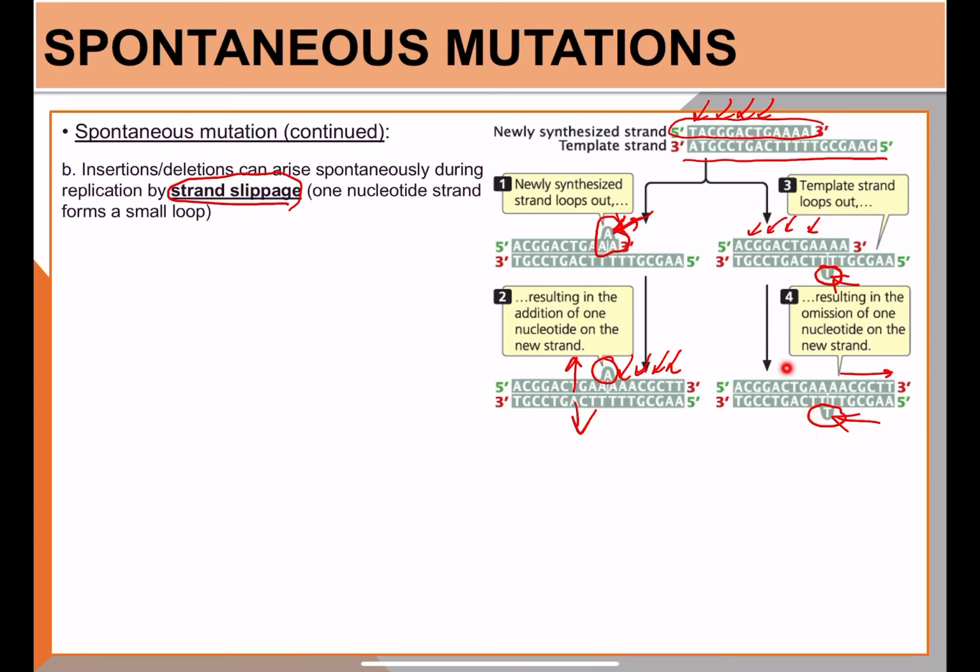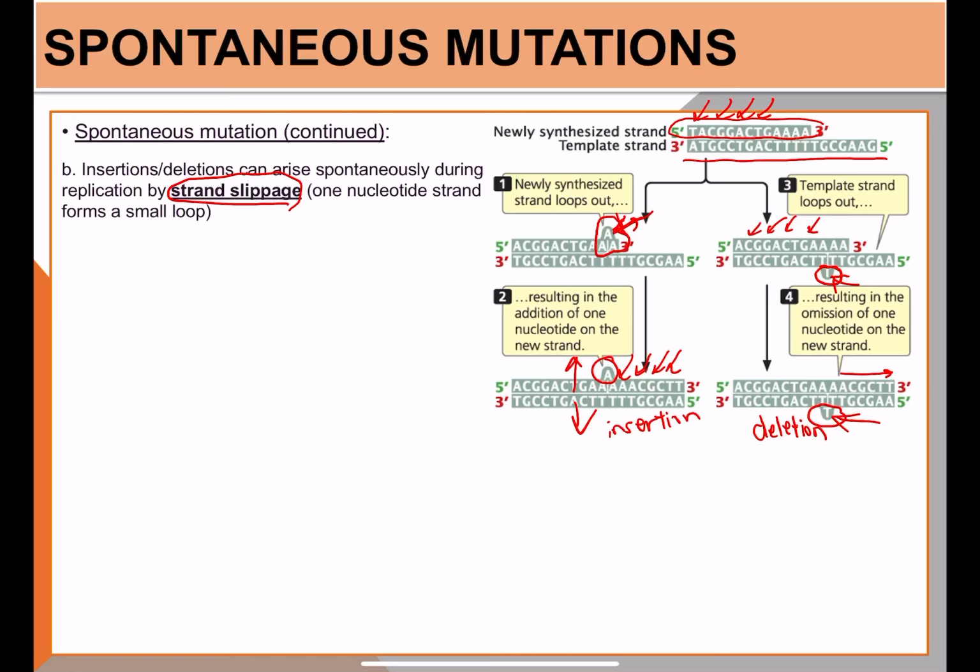So you can see between these two examples, strand slippage on the newly synthesized strand is how you end up with an insertion, and strand slippage on your template DNA strand is how you end up with a deletion. Of course, however many nucleotides are looped out will determine how many nucleotides are deleted or inserted.